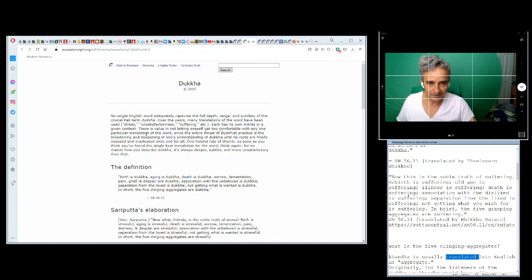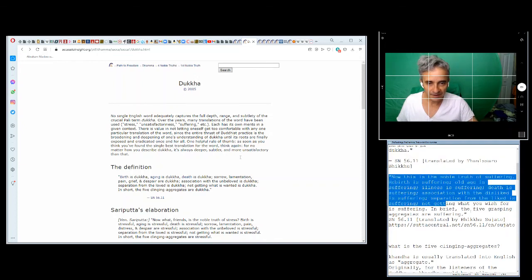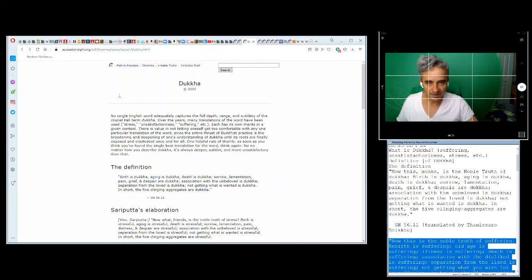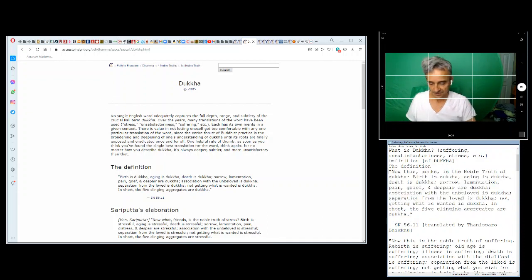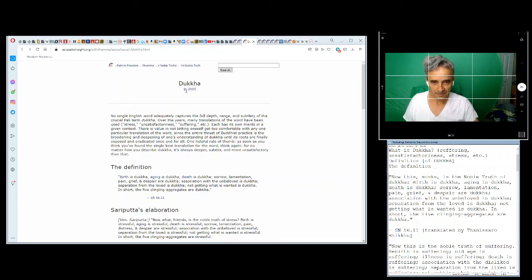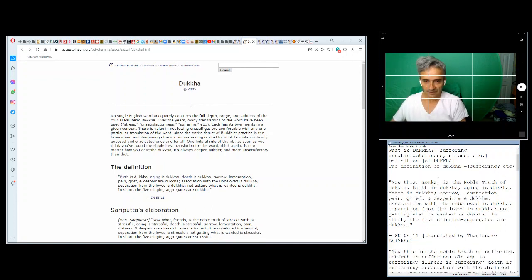Maybe it should be something like the four truths that lead the noble to nirvana. No, that's too long. The four truths for noblemen. Because I think noble in this case is referring to people that are very conscientious, that are on the path to nirvana, to liberation.